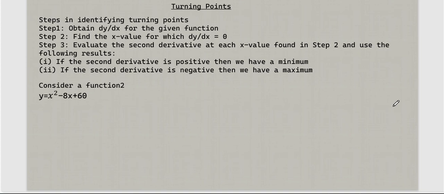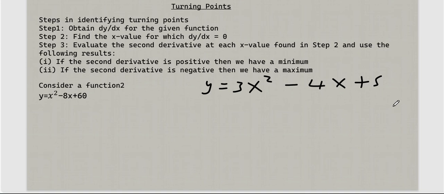Assuming you have an equation like y is equal to 3x squared minus 4x plus 5, and you're told to get the value of x at maxima or at minima.